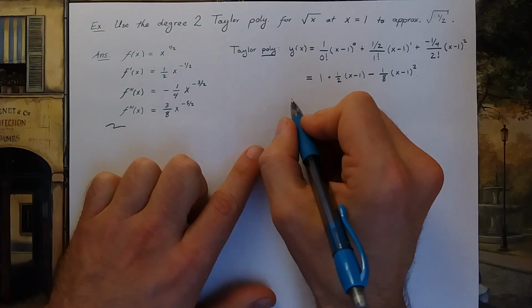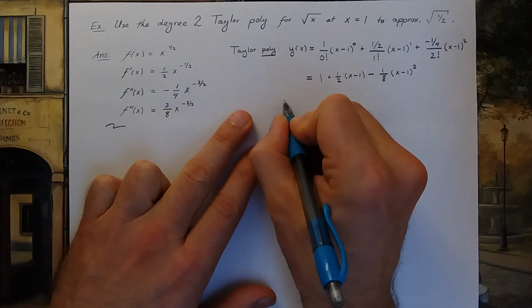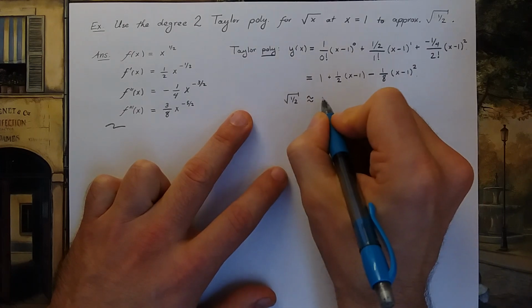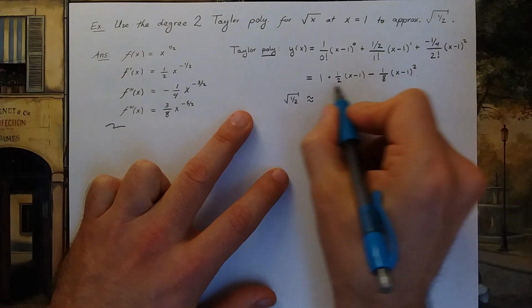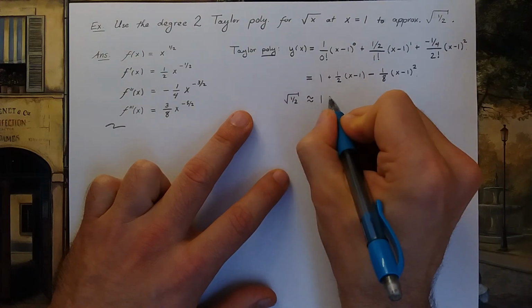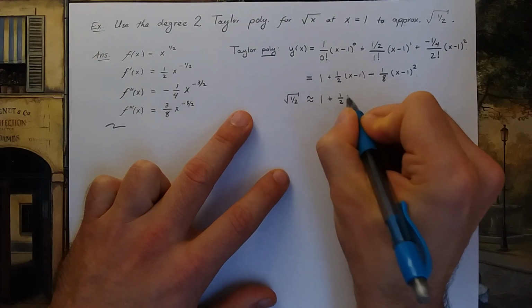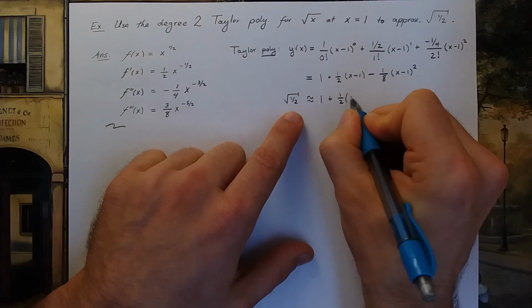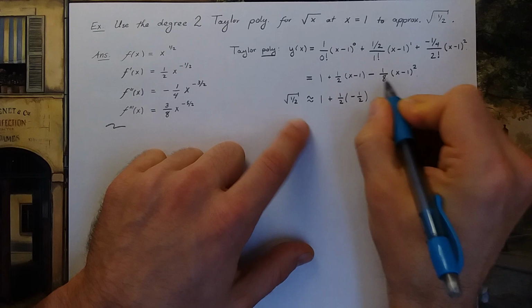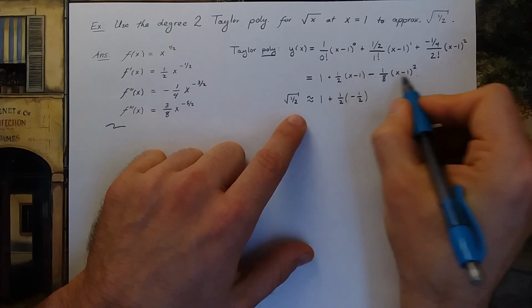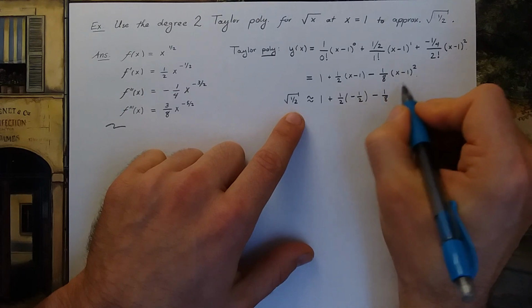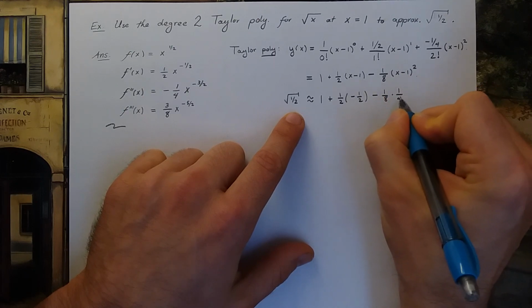So the square root of 1/2 is approximately equal to, when I plug in 1/2 for x here, 1 plus 1/2, and then if I plug in 1/2 for x, this becomes negative 1/2. And if I plug in negative 1/2 for x, this becomes negative 1/8 times 1/4.